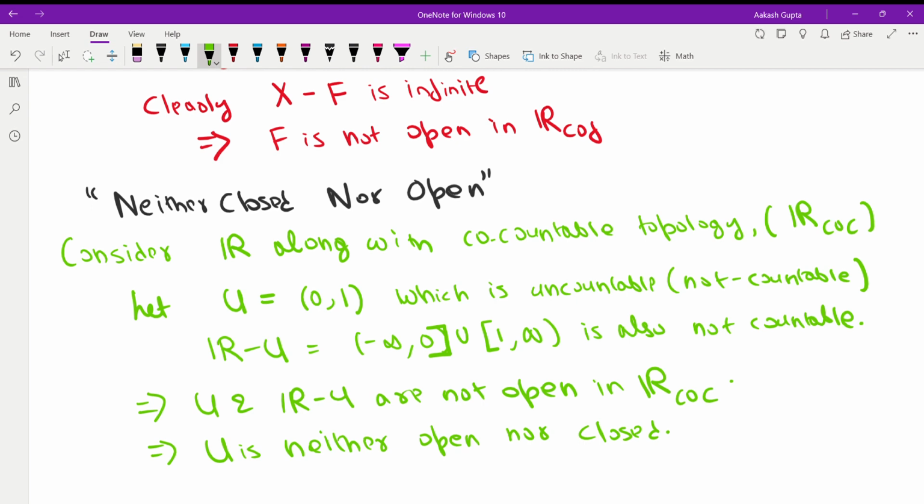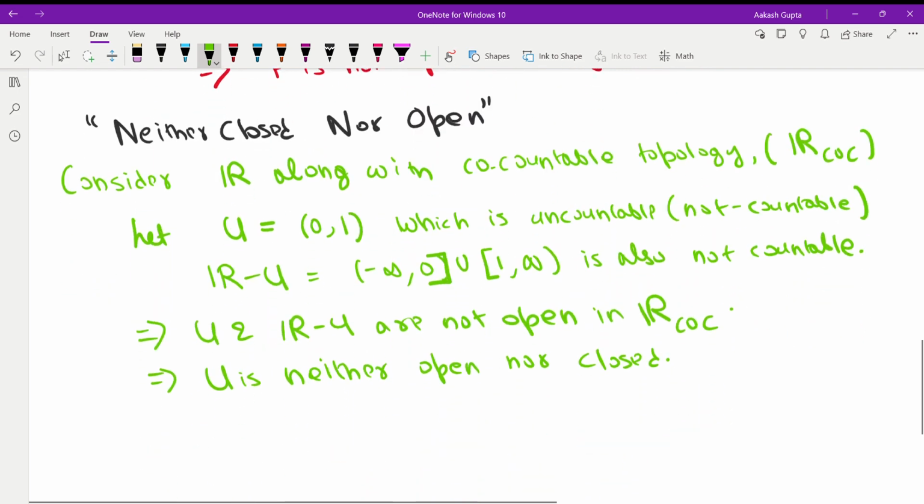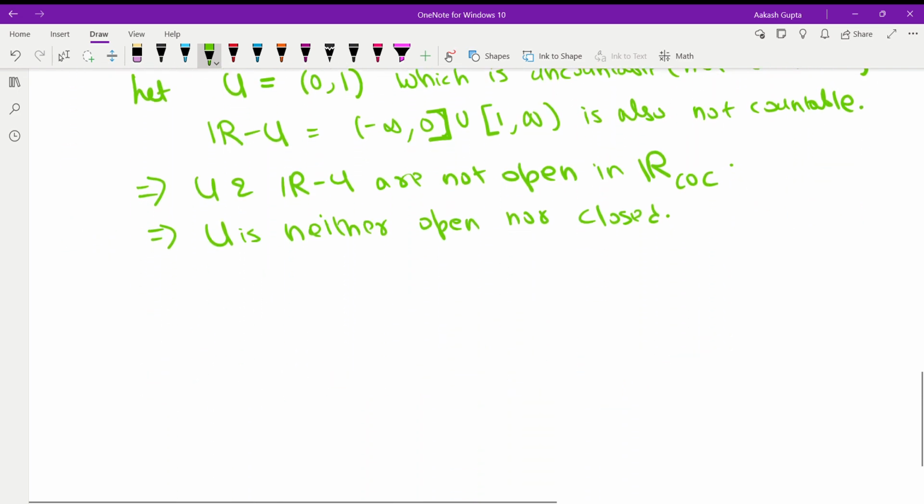You can construct similarly many examples. Why in this topology only? We have seen other topological spaces also, right? Cofinite topology, you may construct examples there. So my advice to you guys is to construct at least 3-4 examples of each type. They should not be very trivial. By trivial I mean whatever you already know. Try to construct some new examples.